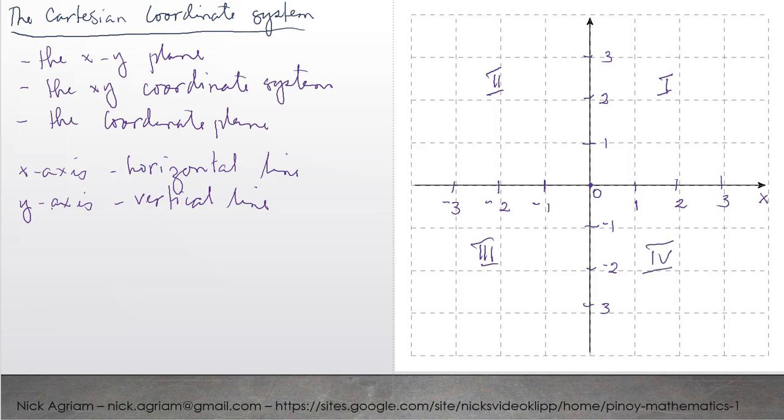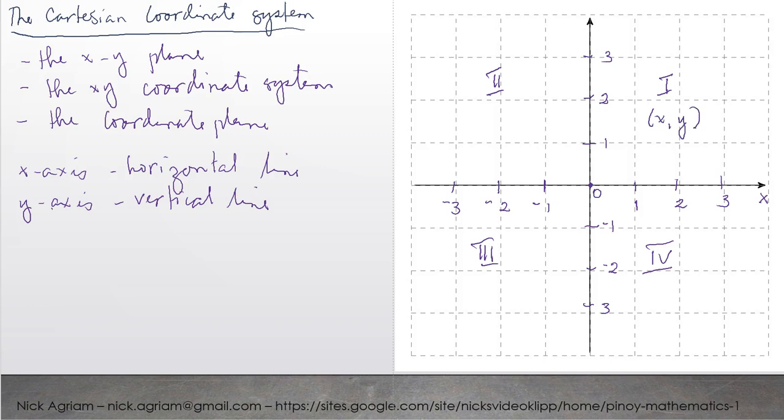Why is it special for you to know the quadrants? It is very good to know that when you have a pair of numbers, you should know how to locate them immediately. In the first quadrant, x and y are always positive.